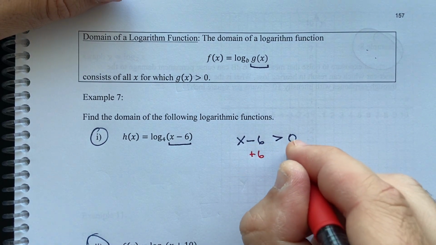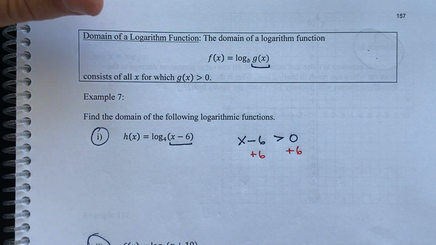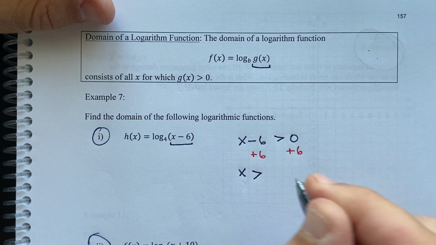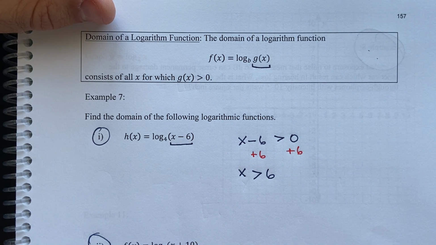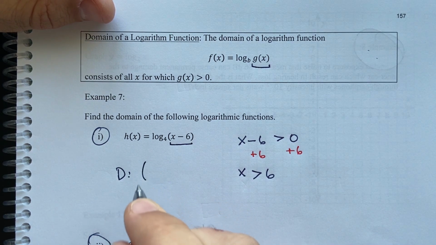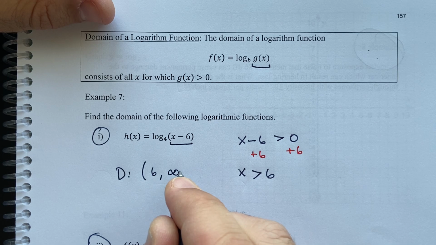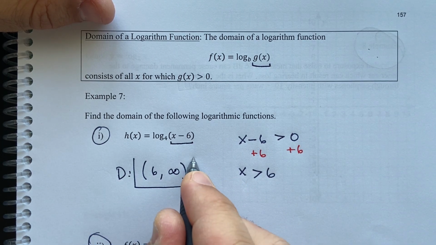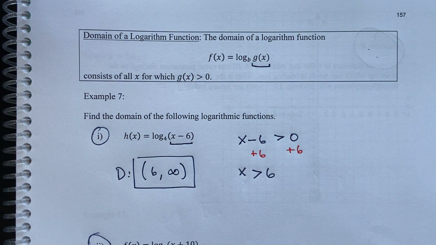So I would need to figure out when x minus 6 is strictly greater than 0, and this will be the domain. So I'll add 6, add 6. I have x needs to be greater than 6. So I'll state this in interval notation maybe. So 6 to infinity. That would be the domain.